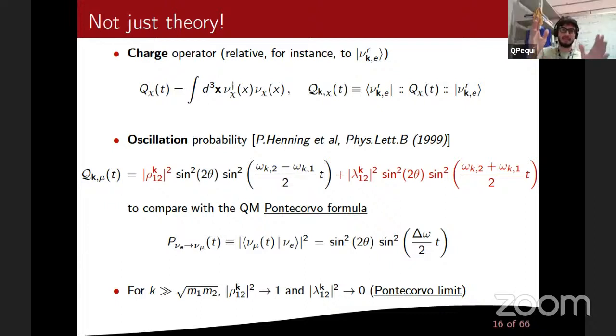So you have the full probability with the quantum field theory computation, and in the relativistic limit you recover the same thing you compute using standard quantum mechanics. I mean, you recover the standard formula in the limit where quantum field theory reduces to the Pontecorvo approximation.